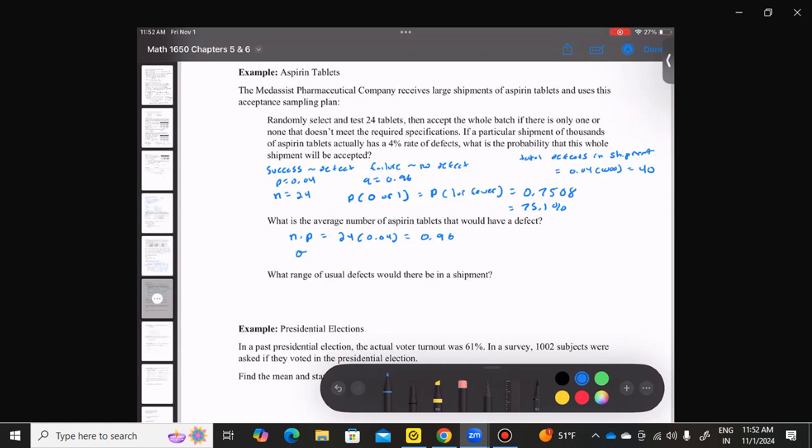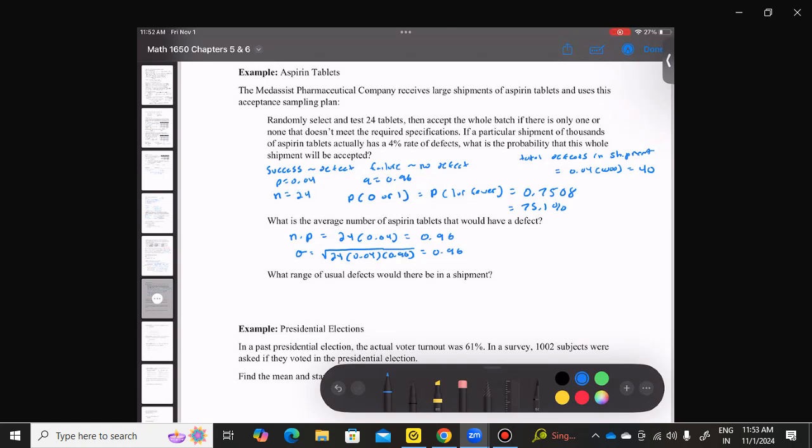Standard deviation, square root of 24 times 0.04 times 0.96, and we get 0.96 standard deviation.